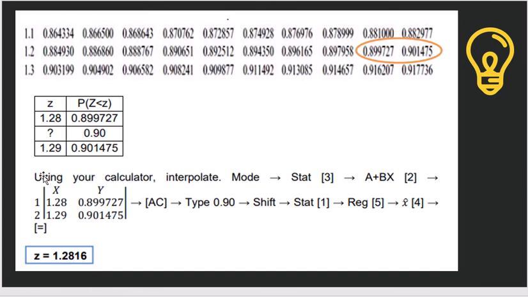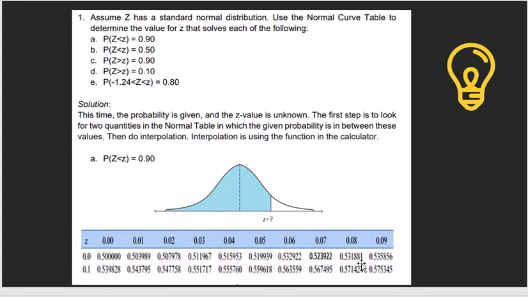So, ibig sabihin, using the yung mag-intersect with each other, no, dun sa given table. So, kung titingnan mo dito, eto siya, sa 1.2, yan. Then, kung titingnan natin dun sa mismong taas, nandito siya. Yan. Sa 0.08 tsaka 0.09 dito siya.